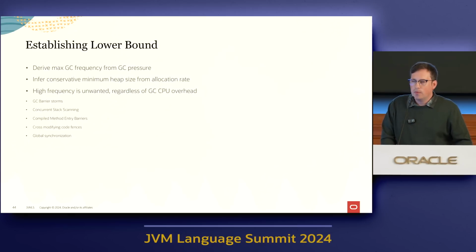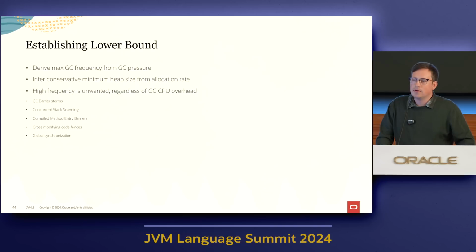So now that we have some lower boundary, we can also infer a little bit from just looking at the allocation rate. As it turns out, you don't want a very high GC frequency, regardless of the CPU overhead of running the garbage collector.